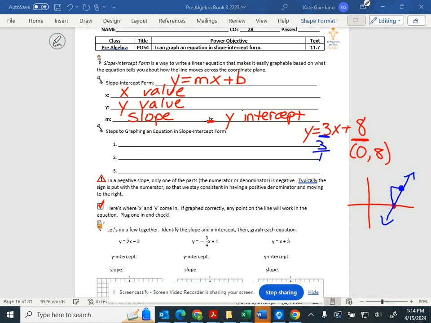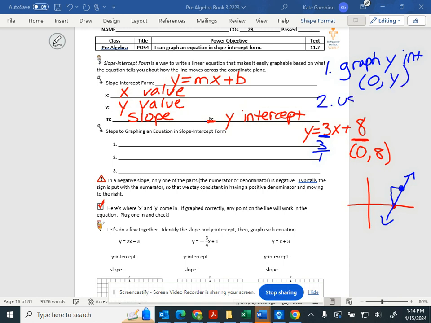So remember, you graph that y-intercept. Remember, you can't do examples on your help sheet. So no examples, but you can write out the steps. Graph the y-intercept. And for the y-intercept, you could say 0, y.